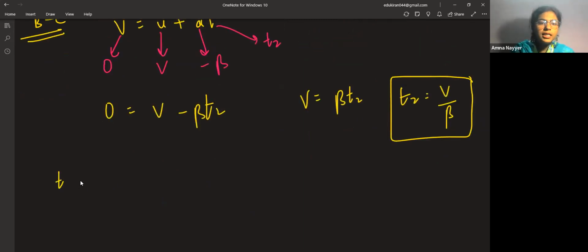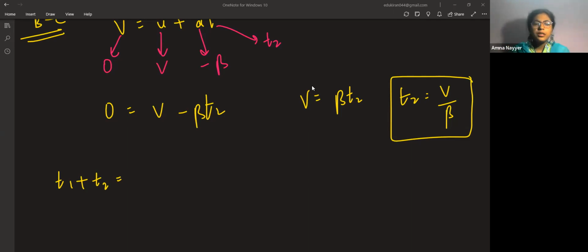What is T1 plus T2? Yes, class. What is T1 plus T2? T. Very good, Abdullah. The total time elapsed, if you calculate this segment T1 and this segment T2 and add them, you will get the total time.